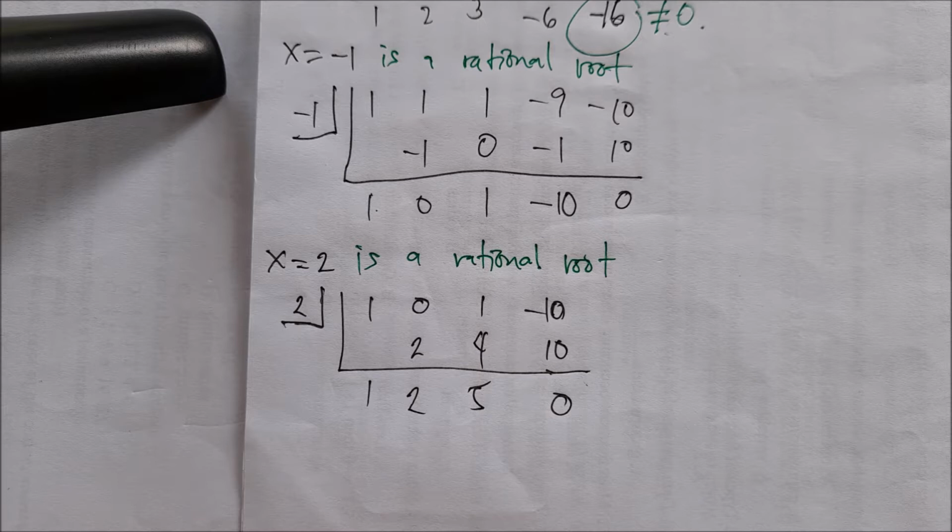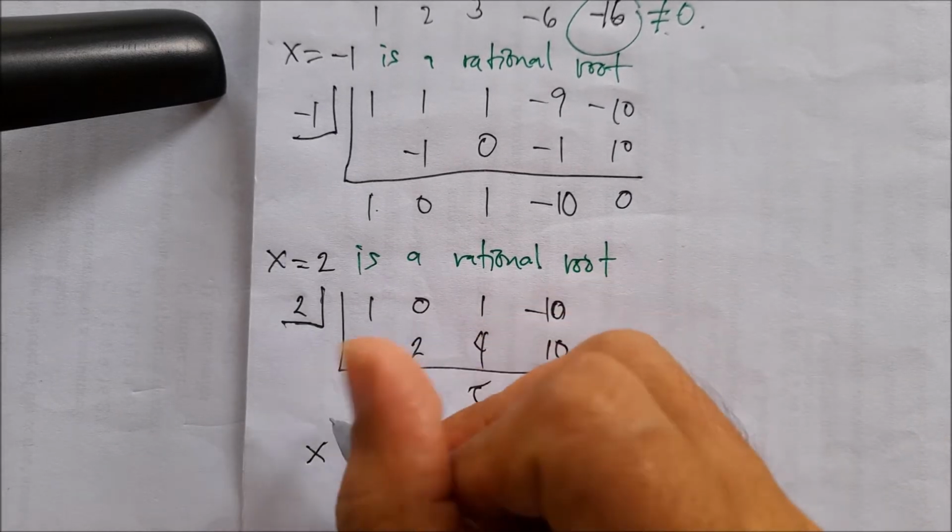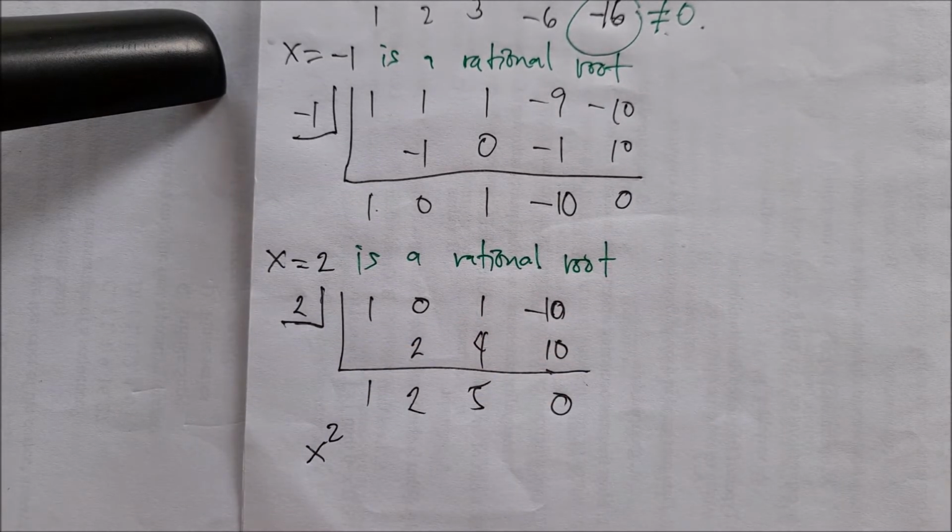What have you observed from the remaining coefficients in the second synthetic division process? There are 3. It means the quotient is already a quadratic equation. Since the quotient is already a quadratic equation, form it with x raised to 2 as the highest degree, and it is called a quadratic equation.